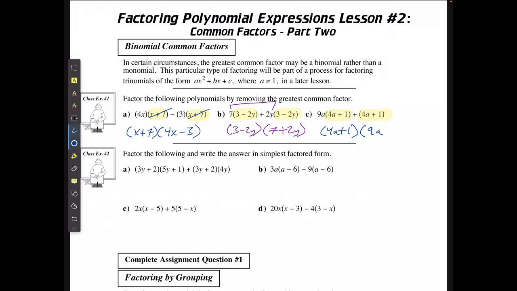The thing I have to be careful of is when I divide it out of the second term, well, there's nothing here but the 4a plus 1, and anything divided by itself is always positive 1. So don't forget that plus 1 there.